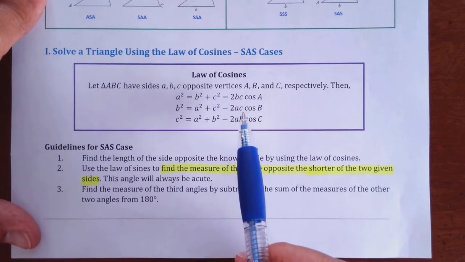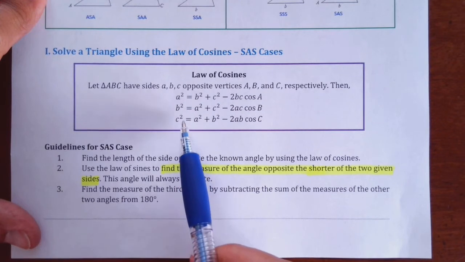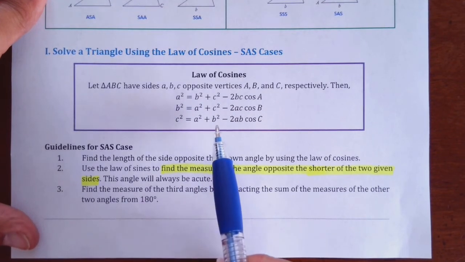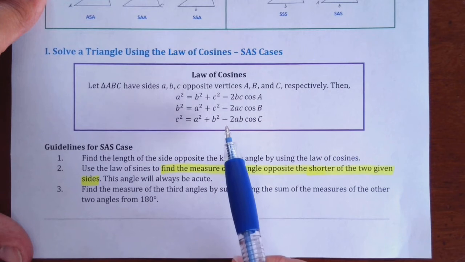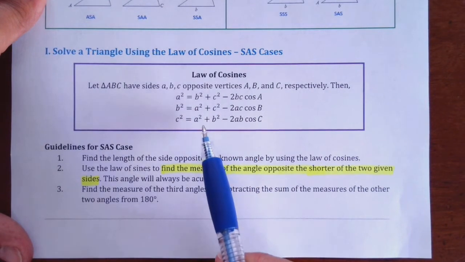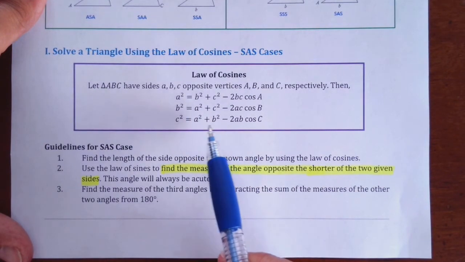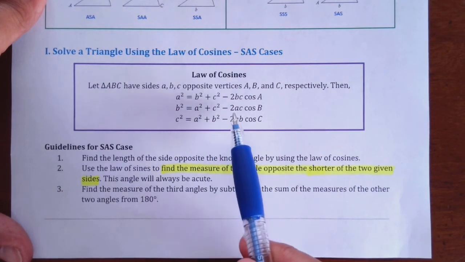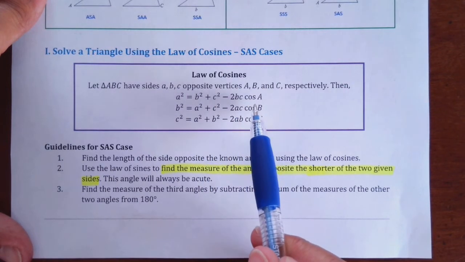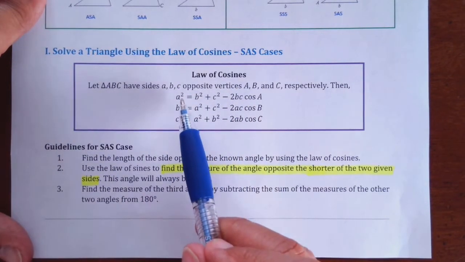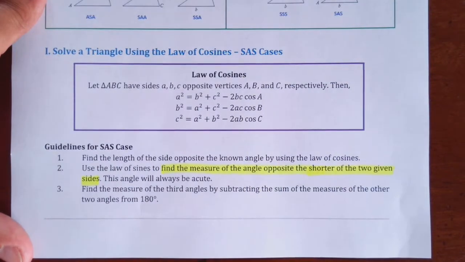But regardless of which one, that side squared will equal the other two sides squared added together. So that's always the same. And then you are always going to subtract 2 times these two sides that are on the right. So AB on the bottom, AC in the middle, times BC, okay? And then always times the cosine of that angle. So this side and that angle always have to be the same.